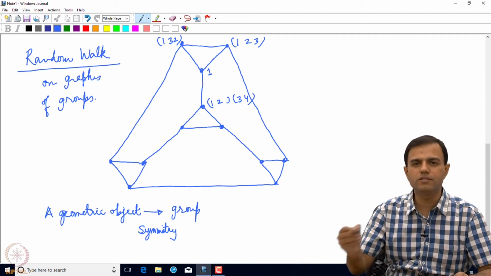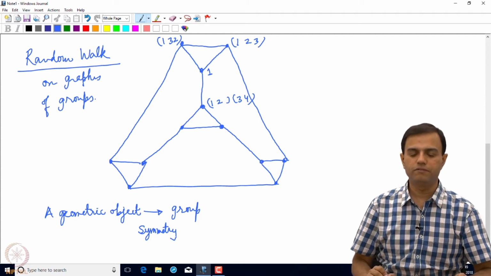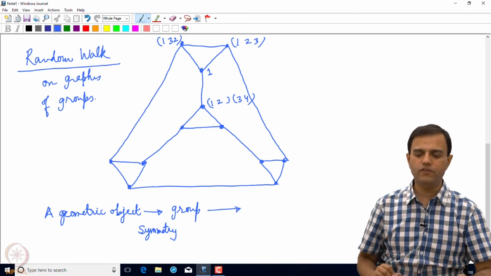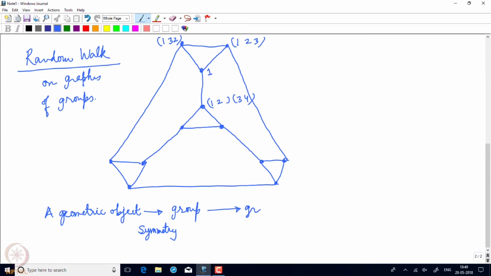You consider certain symmetries of that object, and then you choose some set of generators and make the Cayley graph of this, and on this Cayley graph you are considering a random walk.